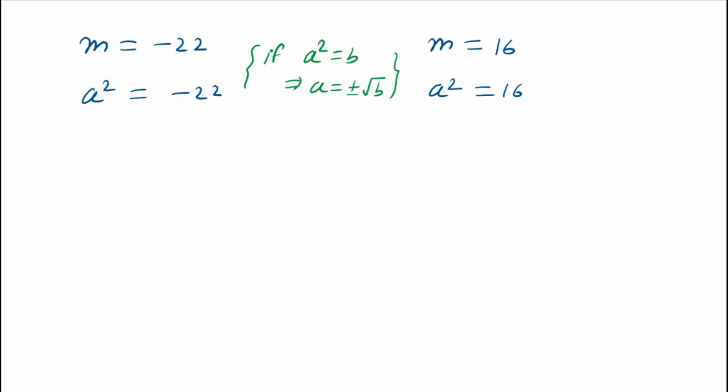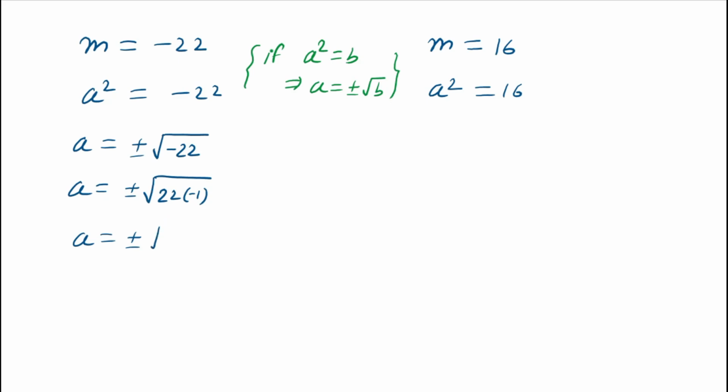If we apply this rule, then a is equal to plus minus square root of minus 22. Minus 22 is the same as 22 times minus 1, so a is equal to plus minus square root of 22 times square root of minus 1.